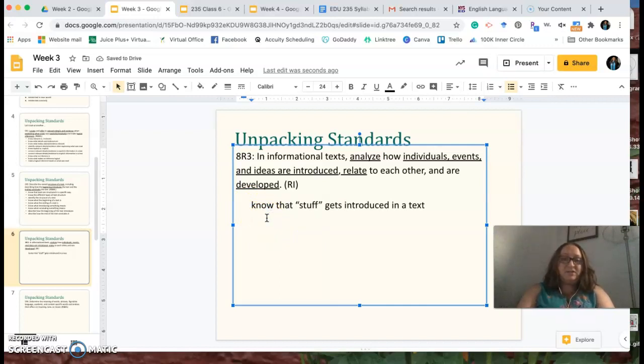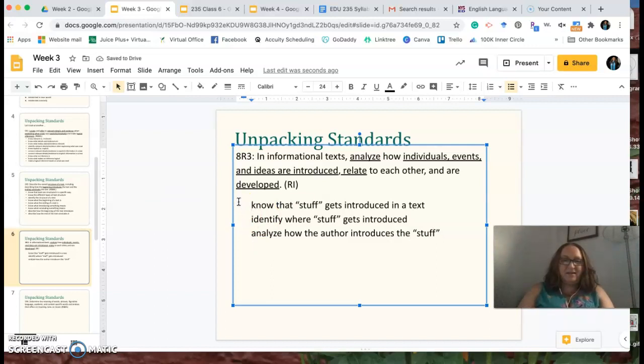And then they have to be able to probably first identify where the stuff gets introduced. And then analyzing it means looking really deeply into it, right? So how about we say, I'm going to put analyze here for now. Analyze how the author introduces this stuff. Hopefully that makes sense to you.